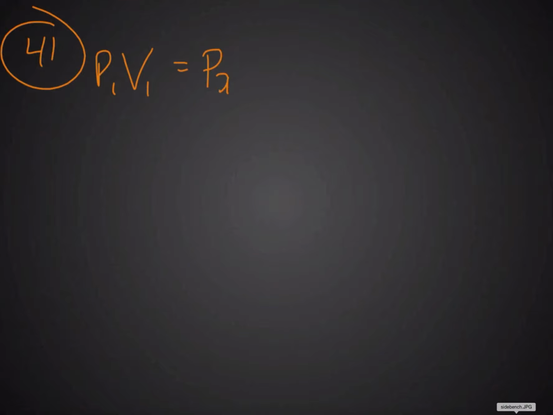Okay, also on page 233, number 41, we're given a problem in which we have an initial volume. So this is volume and pressure. So P1 V1 equals P2 V2. And the initial volume is 2.0 liters at a pressure of 760 millimeters.